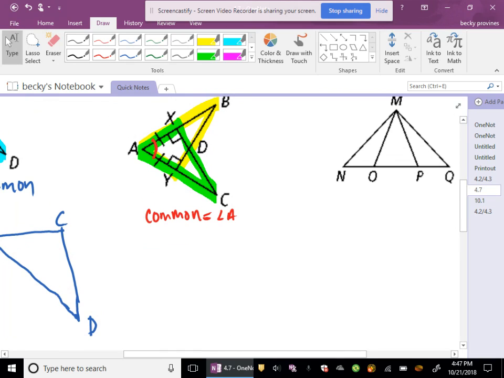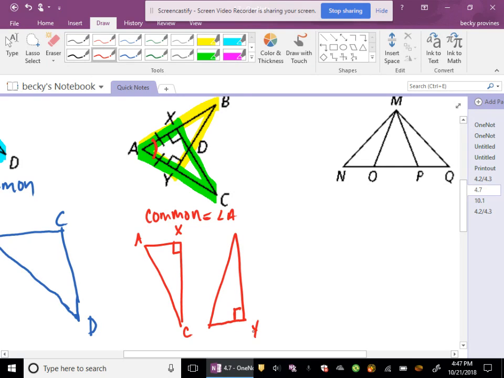All right, so we need to redraw these. This is really just two different right triangles. So here's one of the right triangles, AXC. And then you have the other right triangle, YAB. Okay, so they do have a couple things in common that's not on my picture yet.